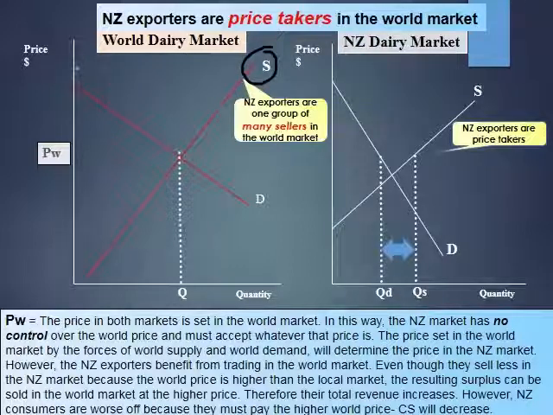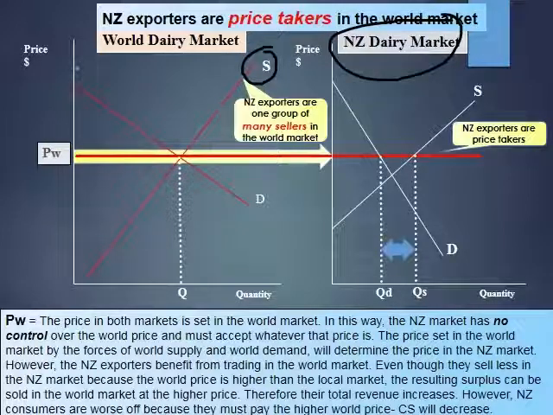And so when we look in the New Zealand dairy market, we find that the price that is actually set is set in the world market. And so New Zealand will sell at that price, at PW, the world price, set in the world market, where New Zealand sellers are one of many who supply milk in that market.